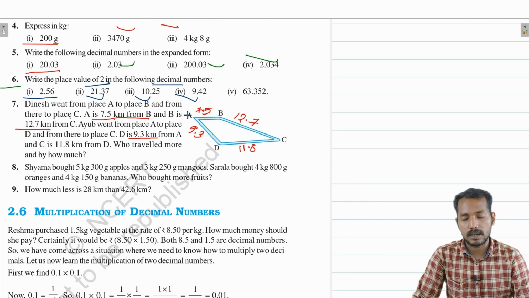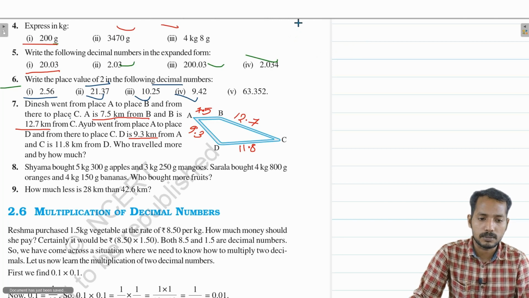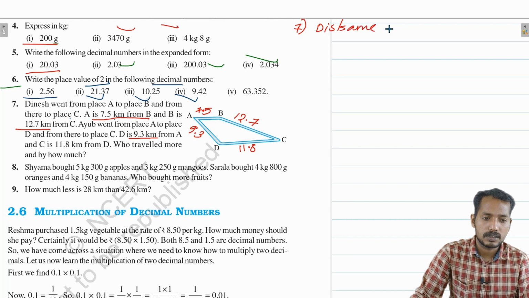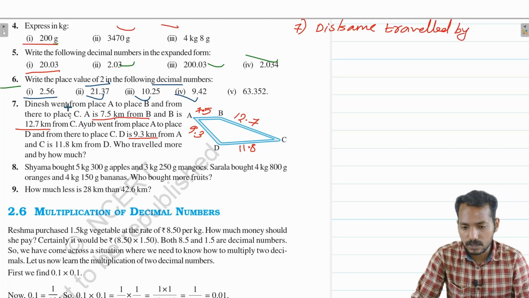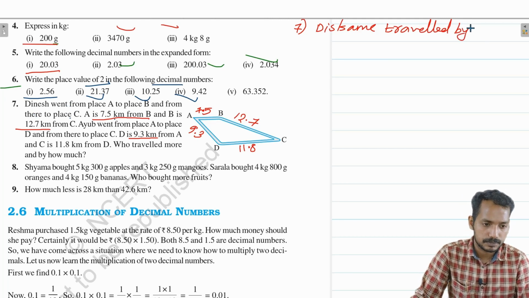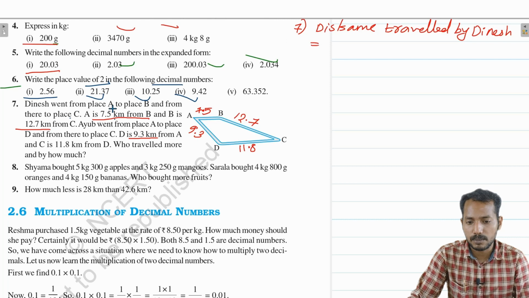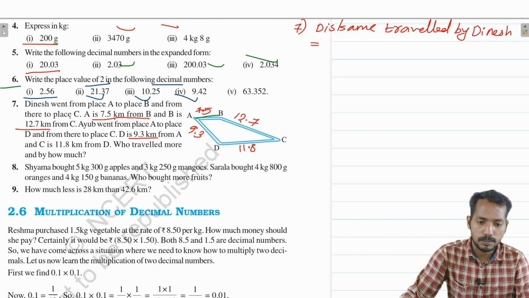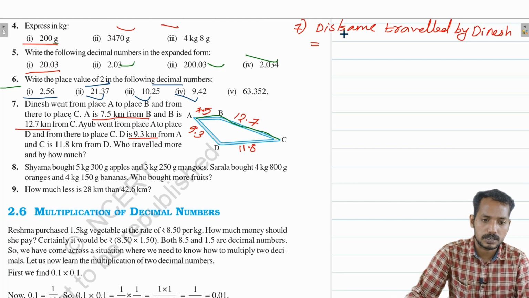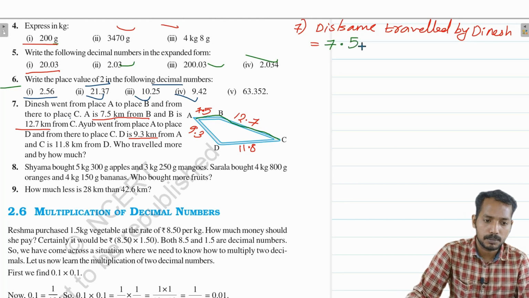Who traveled more distance and by how much? So first find the distance traveled by Dinesh. He traveled from A to B and from B to C. So the total distance will be 7.5 plus 12.7.